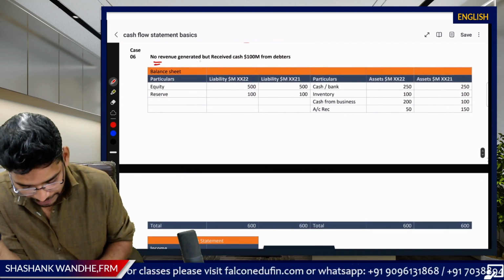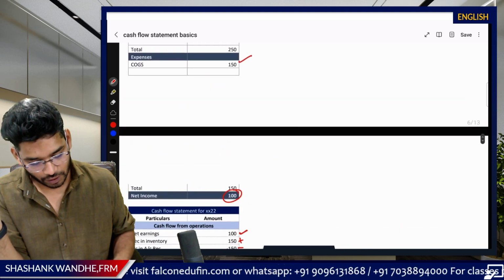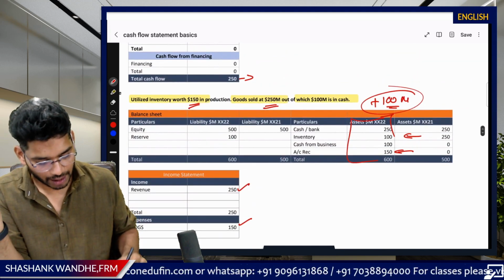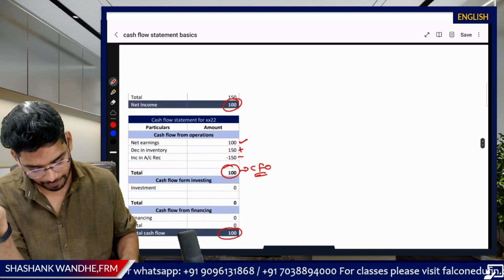No revenue generated but received cash 100 million from debtors. So now these figures are going into the next illustration, 21, and then we will see the development.